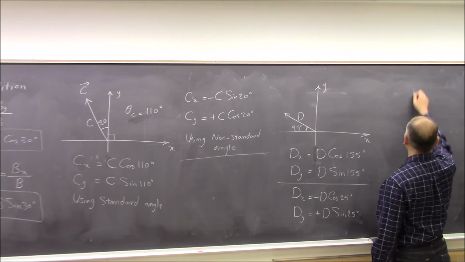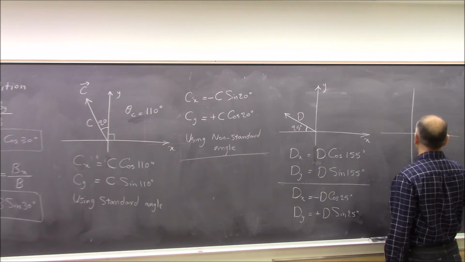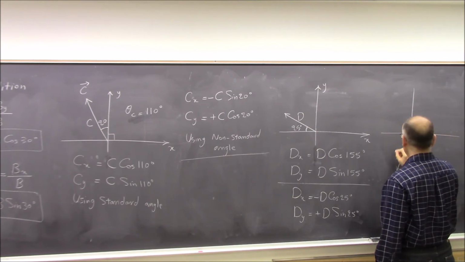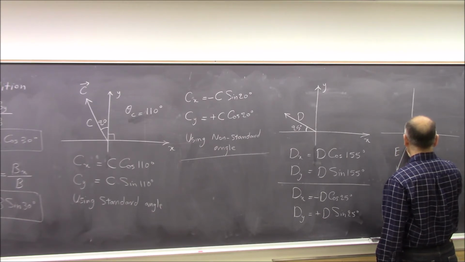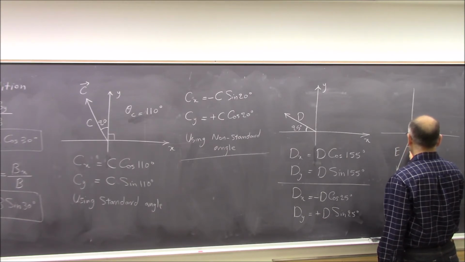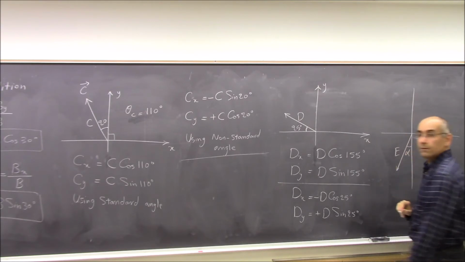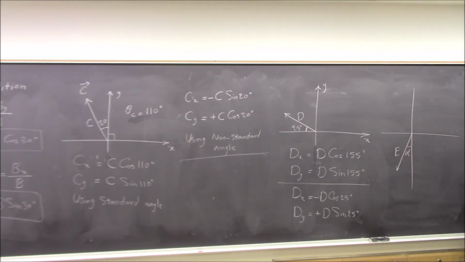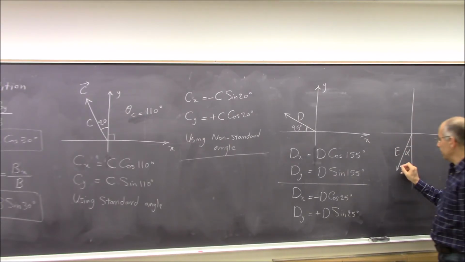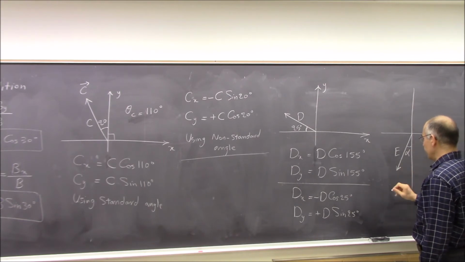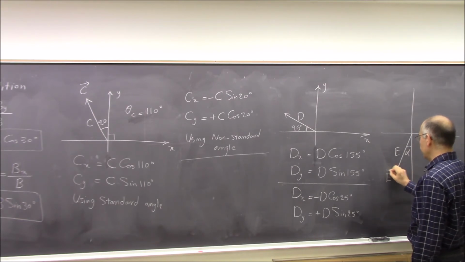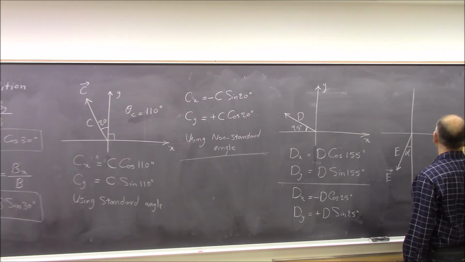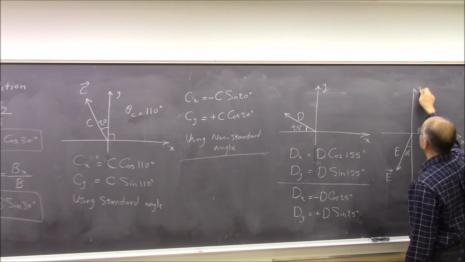One more. Let's say vector E is in this direction, with this angle being alpha. I didn't put a number, I just put alpha. This is our x-axis, this is our y-axis.